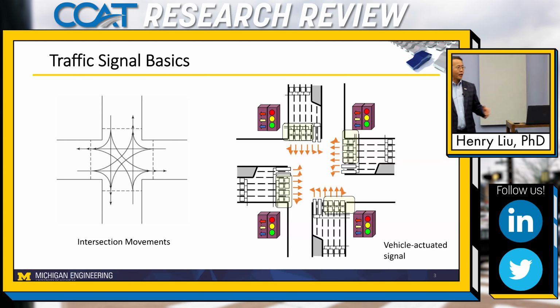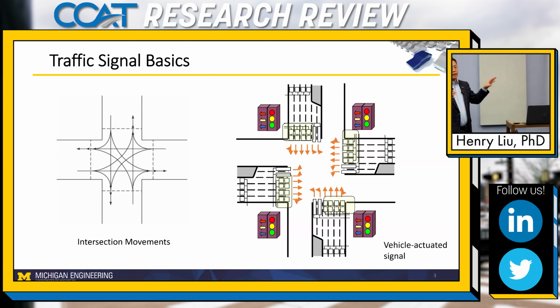There's a caveat: the opposing left turn versus the through movement also have conflict. So sometimes these movements are protected, so-called protected, meaning we give dedicated green time to it. If it's permissive, then you can go as long as you can find a sufficient gap in the traffic flow.